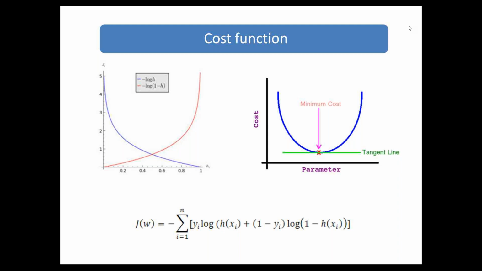But here, dou J by dou w will be a non-linear function of w. So you cannot use least squares here. You have to use some non-linear techniques. You cannot use the ordinary least squares solution for this one. You will be getting this equation in terms of e power w, something like that. So you have to use other techniques to find the w. That algorithm will be the optimization algorithm.